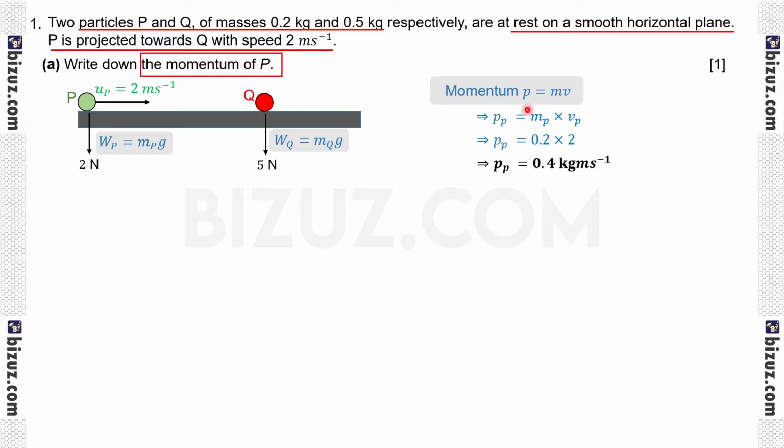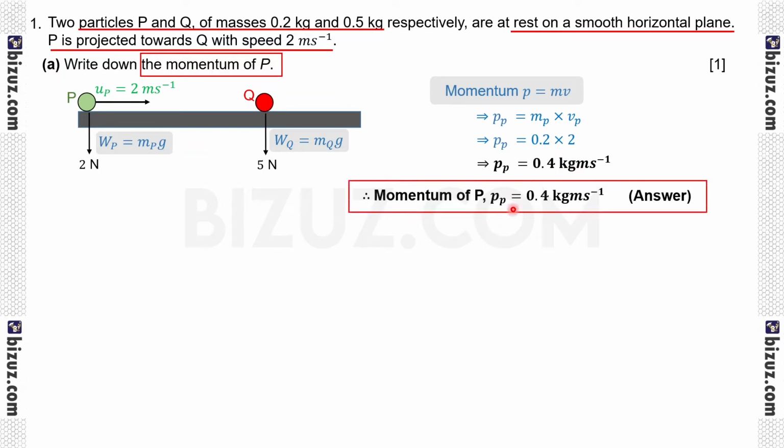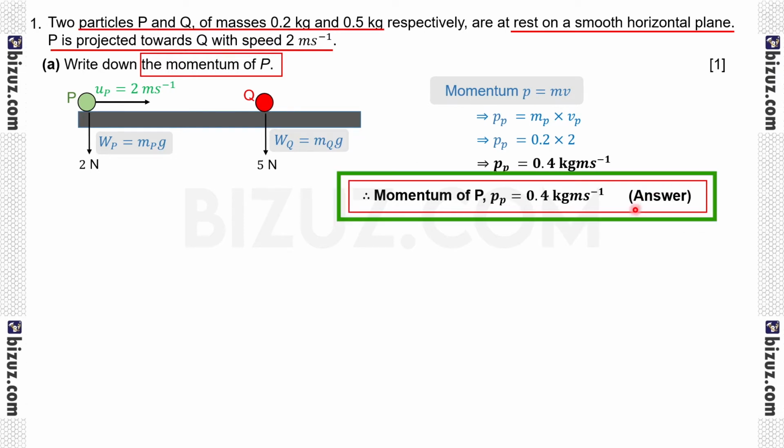The unit for mass is kg and the unit for velocity is meter per second. So when we multiply these two, the unit of momentum becomes kg meter per second. Therefore the momentum of P is equal to 0.4 kg meter per second, and this is the answer to this part of the question.